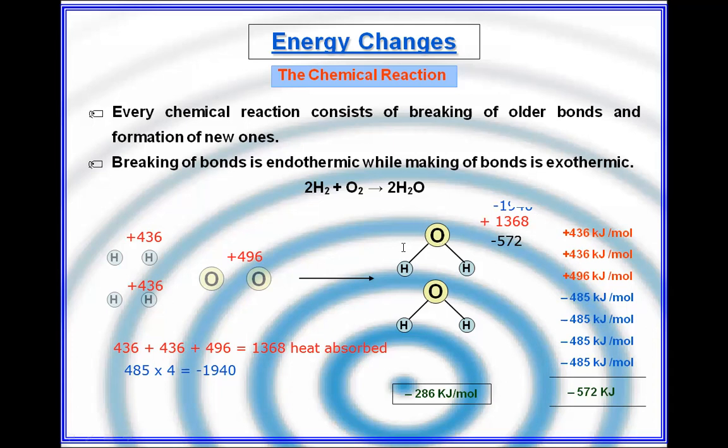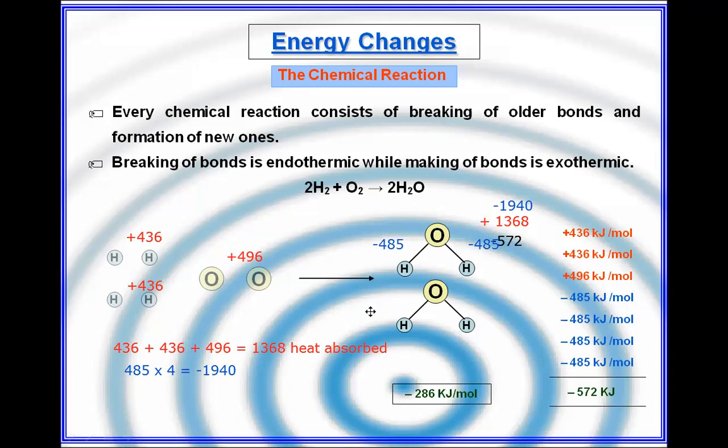But what happens when an oxygen-hydrogen bond is formed? Minus 485 kilojoules of energy is released. Then again, minus 485 kilojoules of energy is released for the making of one more bond.